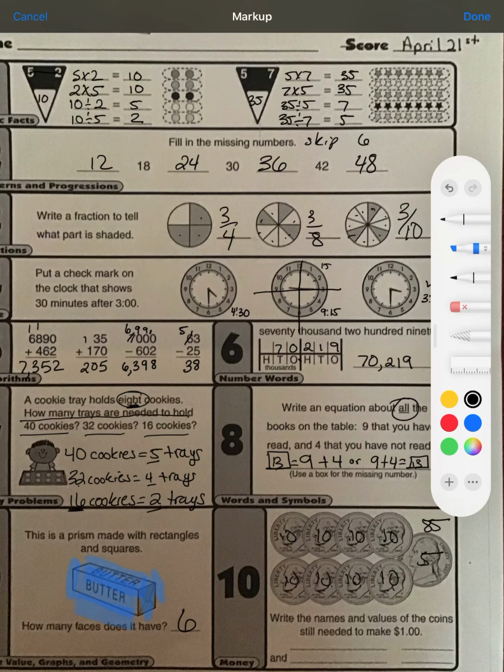So I need to go 85, 95, $1. So I still need a dime and a nickel, which you'd write there, a dime and a nickel.